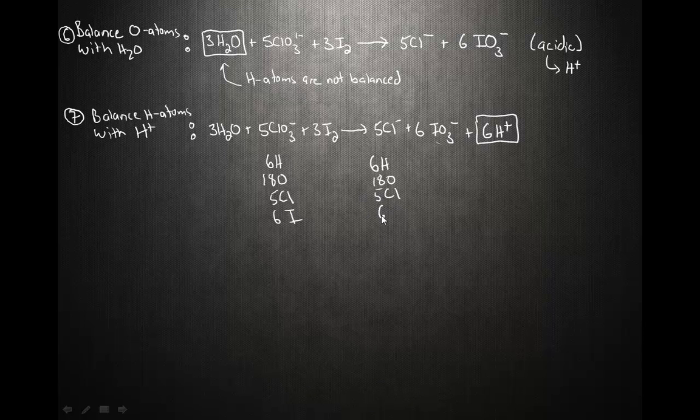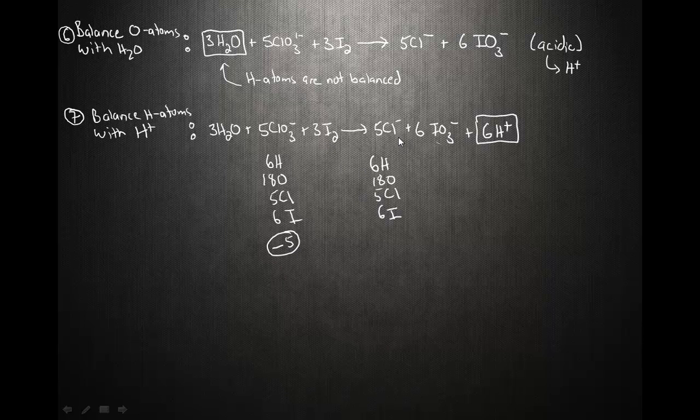and 6 I's. Now the last thing you want to check also is your charge balance. Do we have an equal number of charge on both sides? So if we look on our left hand side, 0, there's no charge on water, no charge on I2. So we have to focus on this one right here, which is 5 times minus 1 is minus 5. So the charge on the reactant side is minus 5.